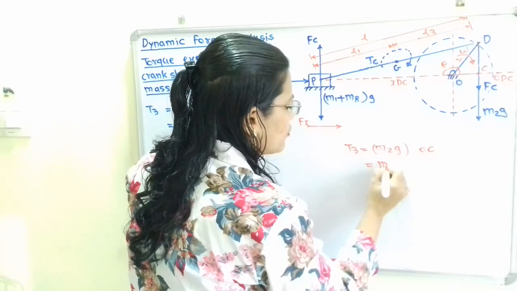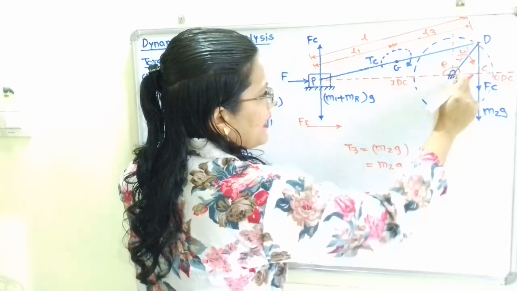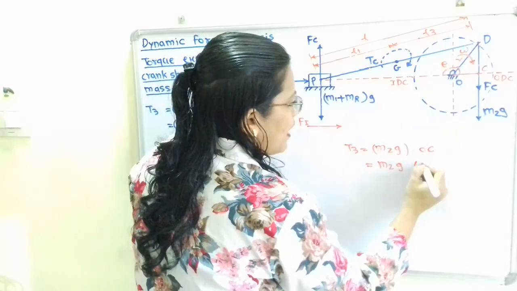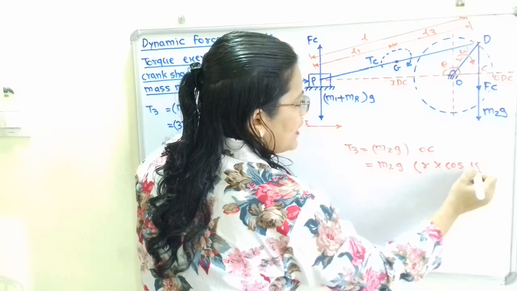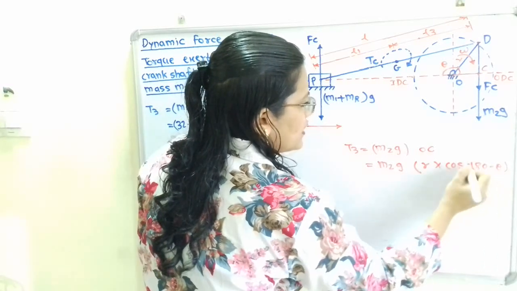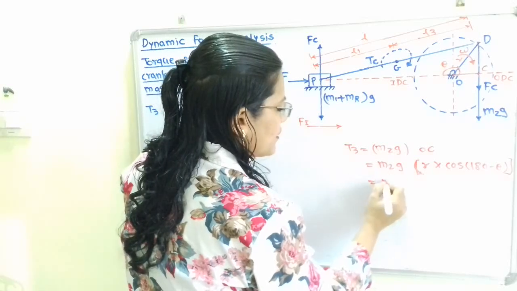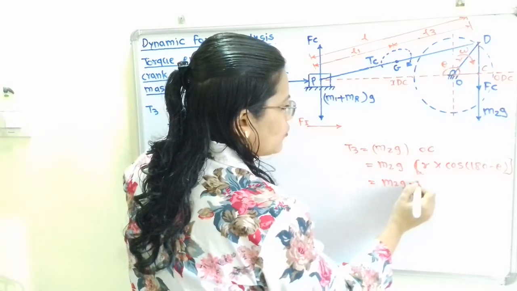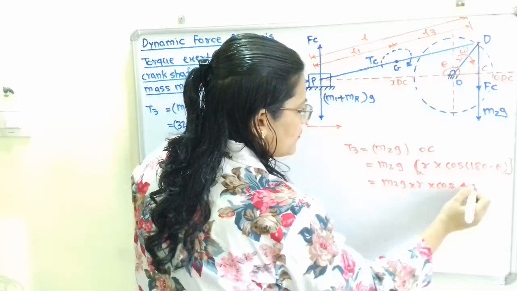So I will write here the formula M2 G, and in bracket instead of OC I will write R into cos of 180 minus theta. So theta is 140. So I will write here M2 G R cos of 180 minus 140, that is 40.